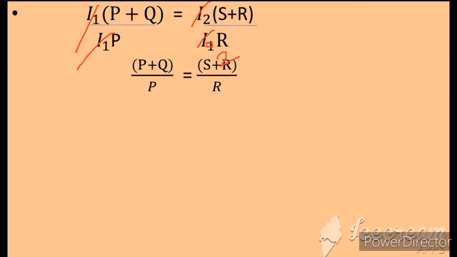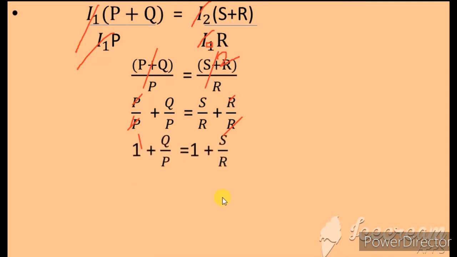Now splitting these terms, the denominator is the same but the numerators are different. So we can split it as P by P plus Q by P, and this can be split as S by R plus R by R. Here P and P get cancelled, and in the same way R and R get cancelled. So you will get just 1 plus this term, and on that side also we get 1.